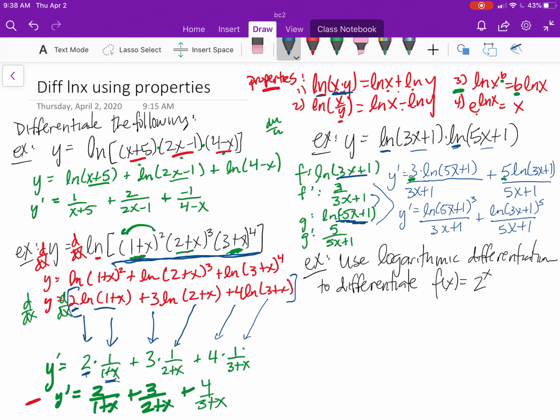Okay, take your pick. I wouldn't say one is more simplified than the other.